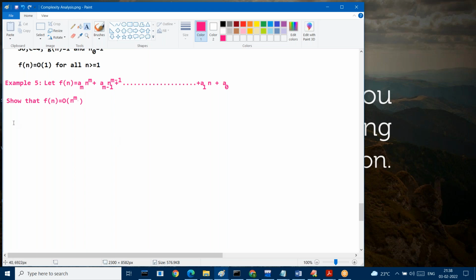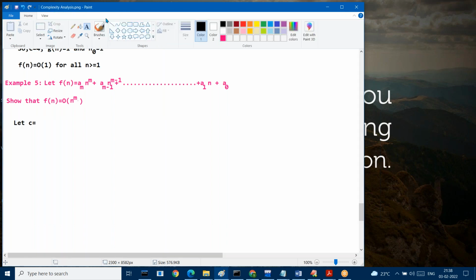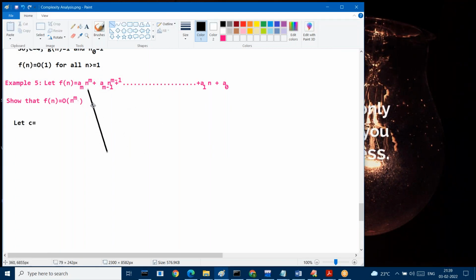The first activity is, let c be equal to, see here all these things are basically constants: a0, a1, then a2, a3, a4, up to am minus 1, am, all these are constants.